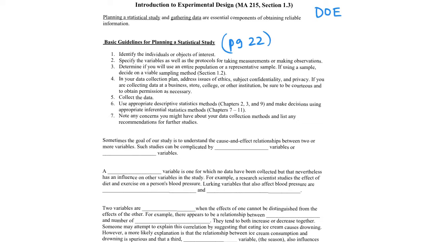So to get started here, sometimes the goal of our study is to understand the cause and effect relationships between two or more variables. Such studies can be complicated by lurking variables or confounding variables.